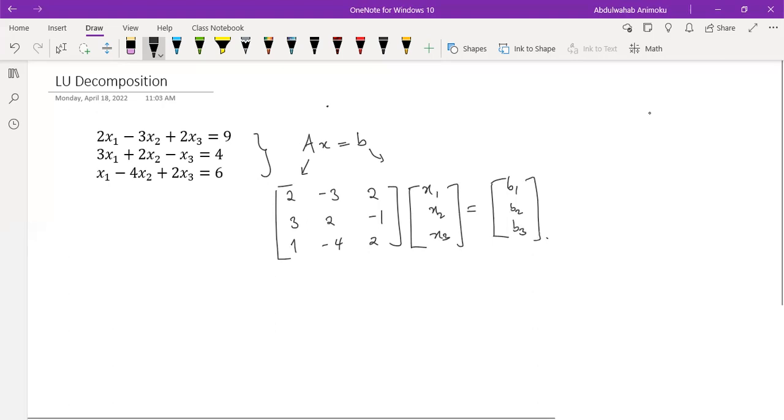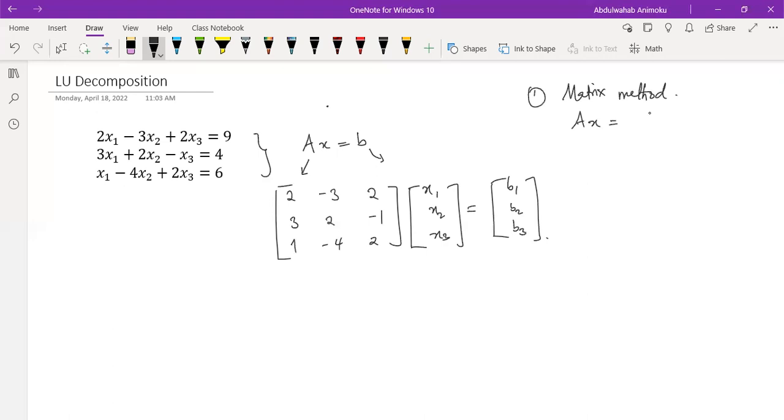Now, like I said, there are several methods that you can use to solve this problem. One such method is the matrix method. When you have this system, you take A to the other side of this equation, which gives you your X vector as A inverse B. It's usually very costly to compute this A inverse.